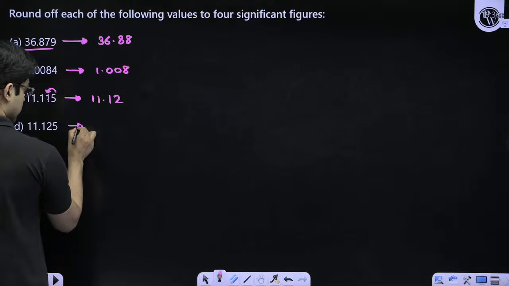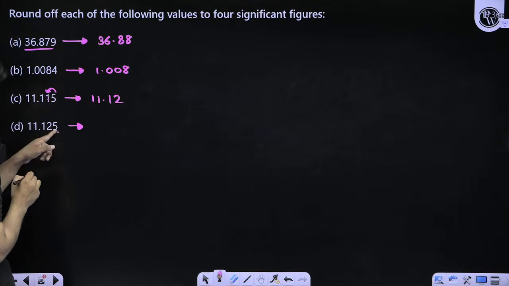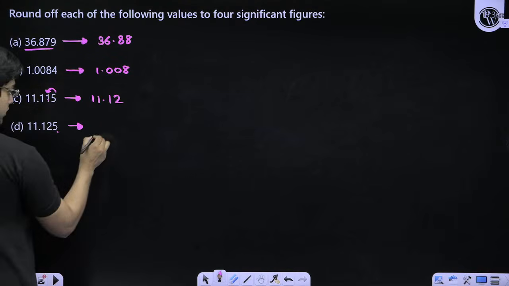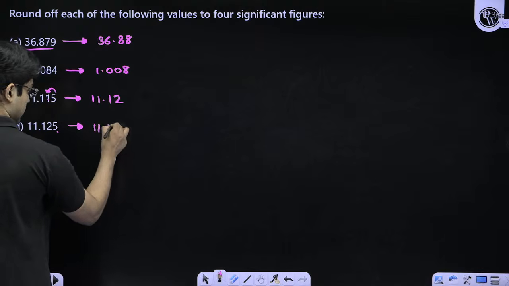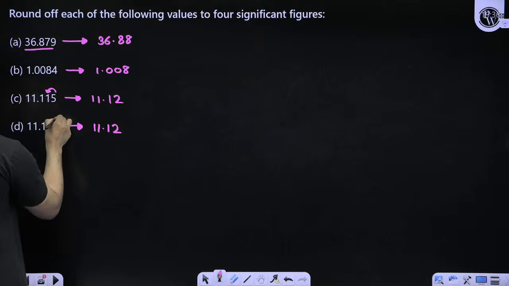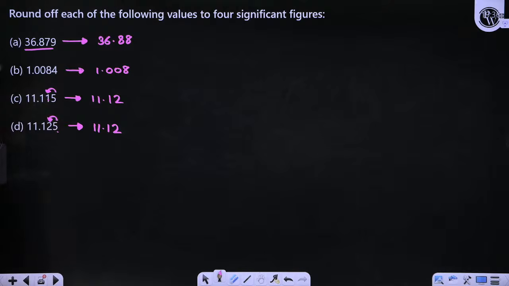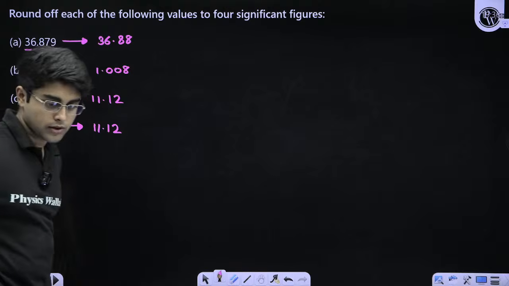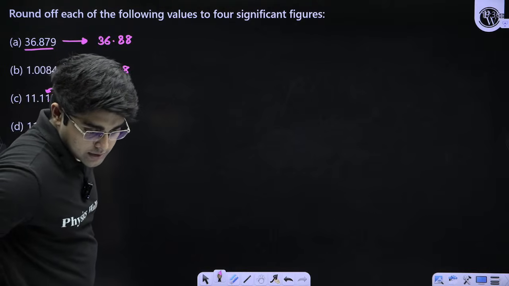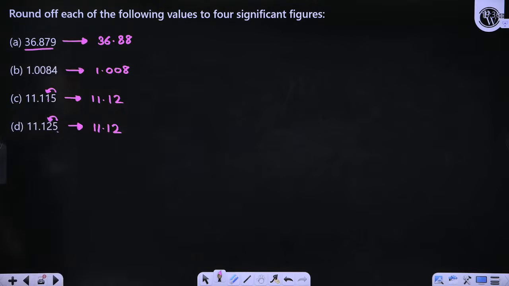And the last rule is, here we have the left digit to be even, so we keep it as such. The number is 5, so the preceding digit is even, so we keep it untouched. That is the rule. All right. Great. Okay, so that is it. That is rounding off.